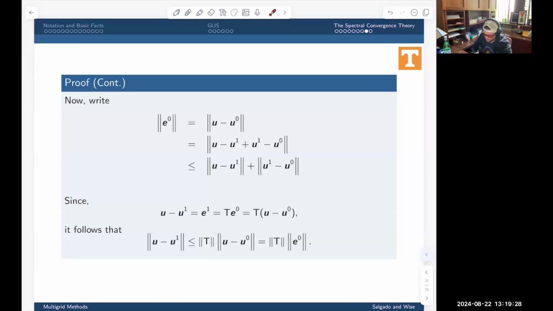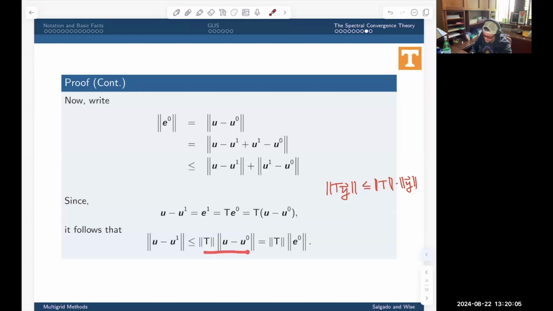So it's U minus U1 in norm, using this equivalence here, and we're going to use the consistency of norms. I didn't say what that means. Consistency of norms means that if we have something like a matrix times a vector, the norm is less than or equal to the induced norm of T times the vector norm of y. That's what we call consistency.